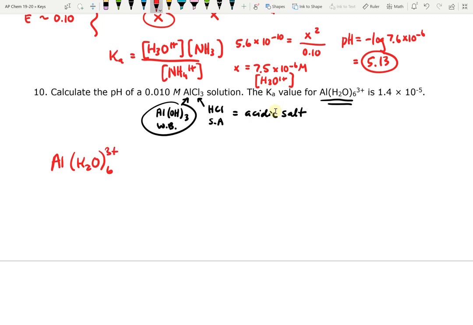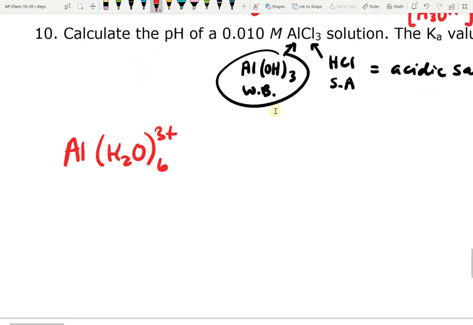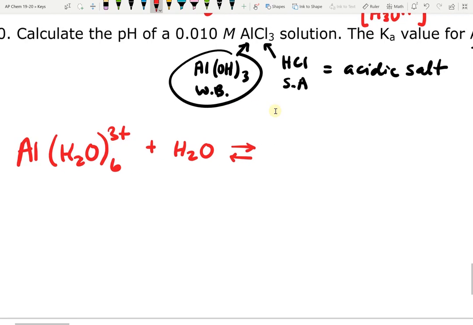Now that's aluminum ion with a 3+ charge surrounded by 6 neutral waters. So aluminum with those 6 waters around it would still have a 3+ charge. That interacting with a water molecule is going to form H3O+.